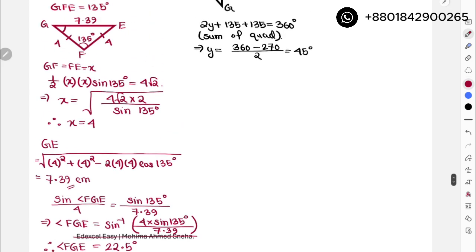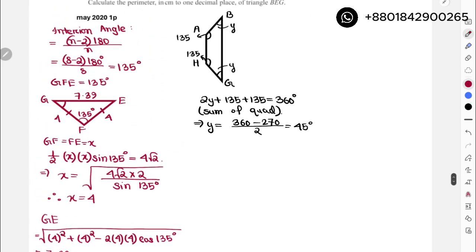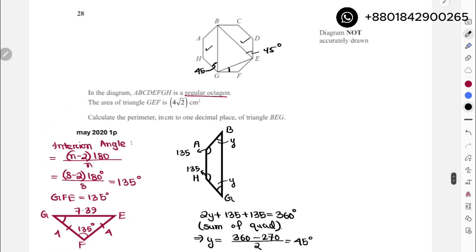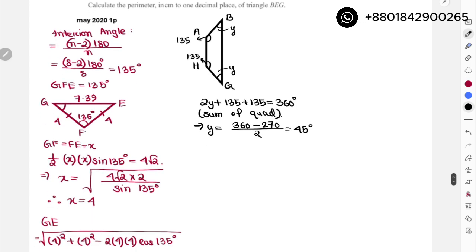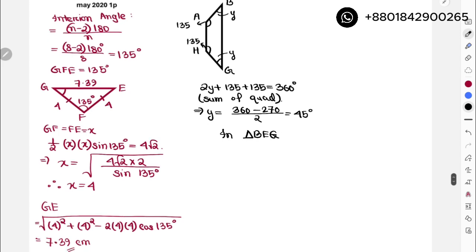So you get that angle as 22.5, and from there now you can find out the angle BGE or BEG. In triangle BEG, both angles BGE and BEG are the same.